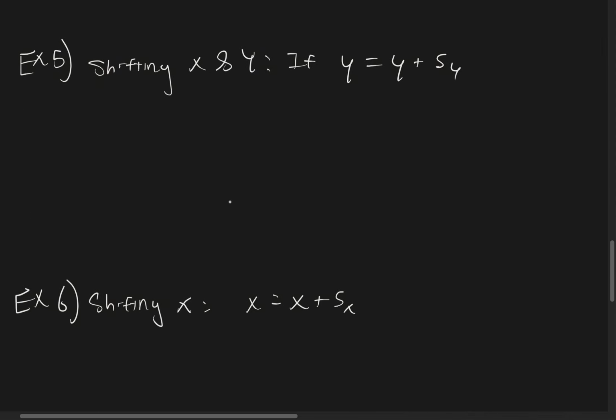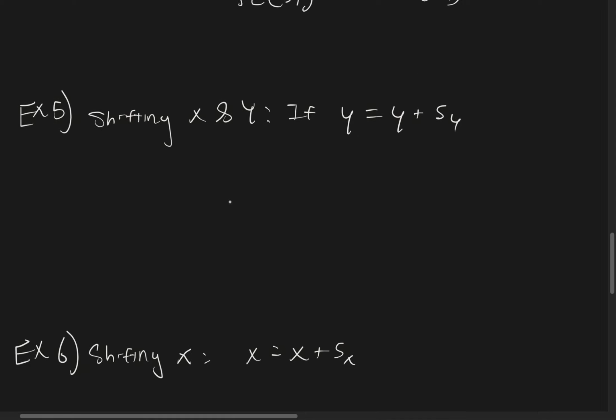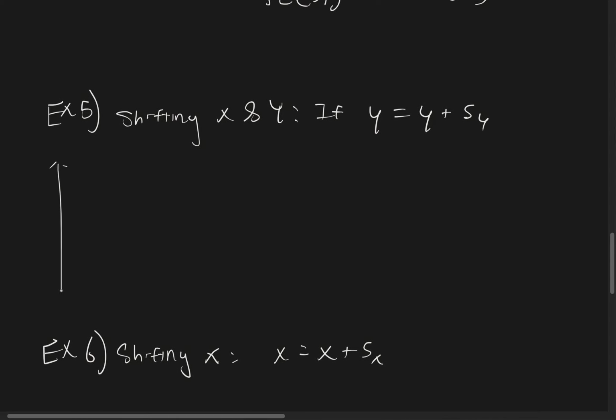Okay, second to last example, let's say we don't want to scale x and y, but we want to shift it. So if I draw a graphical representation, if this is our equation, then let's say we're shifting y, and so we're drawing a parallel line here.